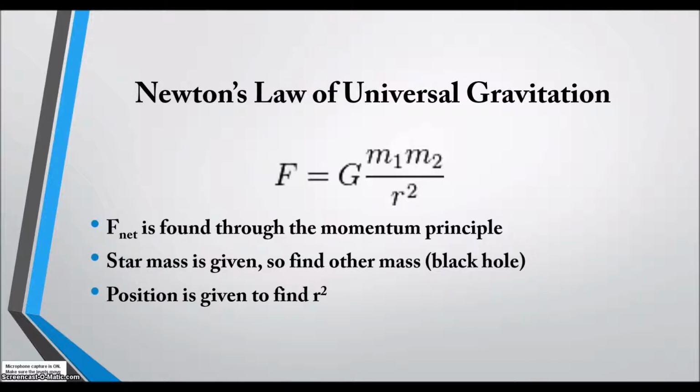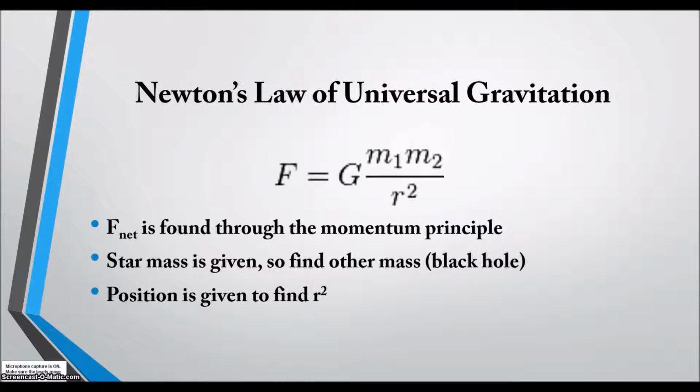Now, as we're on this quest to search for the mass of the black hole, we have to use Newton's law of universal gravitation, which is F equals G constant times m1 times m2 over r squared. So Fnet is found through the momentum principle as shown earlier, and the star mass is given, so we just have to find the other mass, which is the black hole.